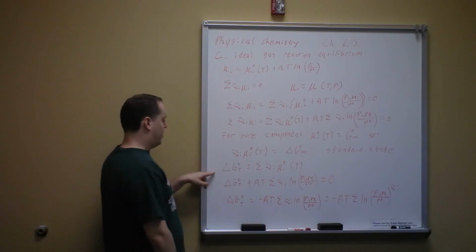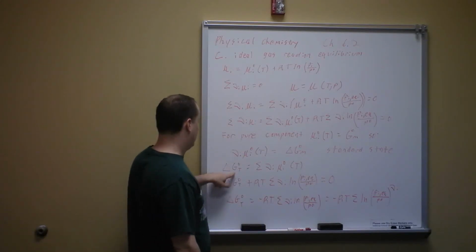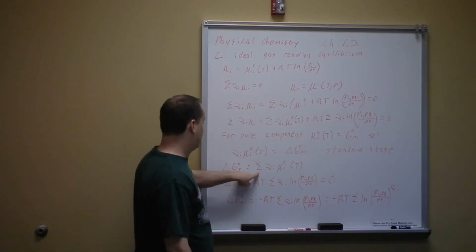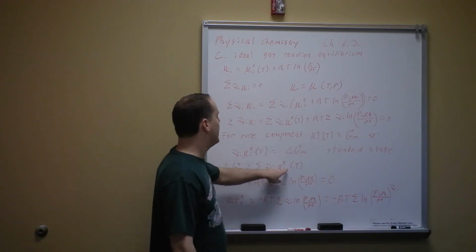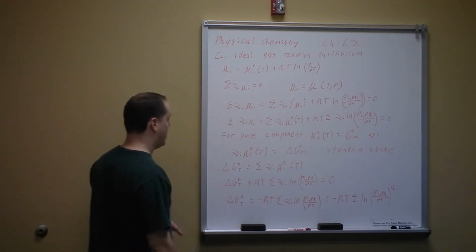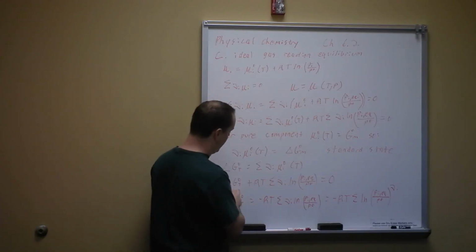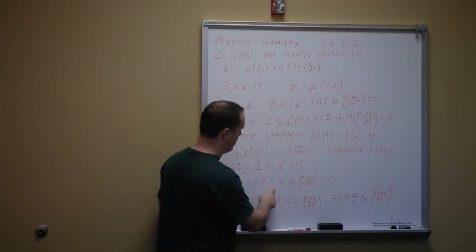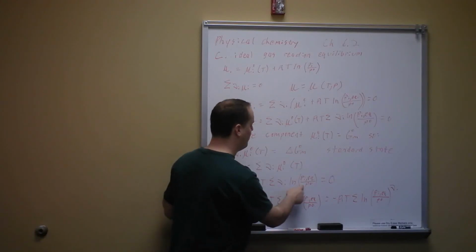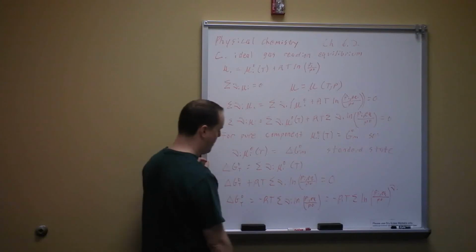Now, substitute that in, we're going to know that delta G T naught is equal to the sum of nu I mu I naught as a function of temperature. And then substituting in what we had before, then we have delta G T naught plus RT, the sum of nu I, natural log of Pi, partial pressure at equilibrium divided by P naught is equal to 0.